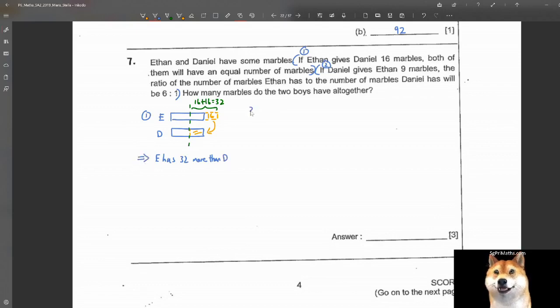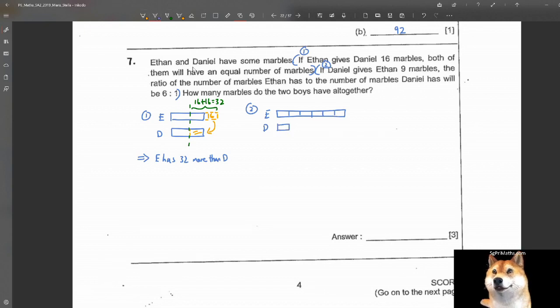Then we look at the second scenario. The end result is 6 units to 1 unit. So that's 6 units. Let's draw a bar model. Daniel has 1 unit.